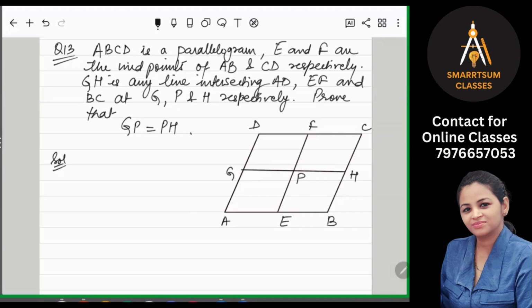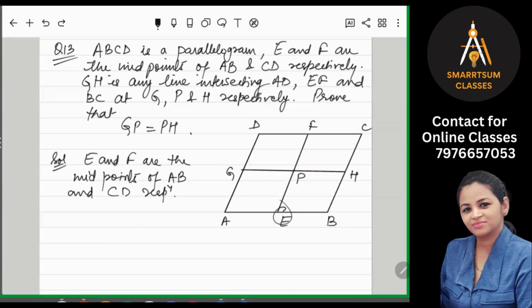As it is already given here that E and F are the midpoints of AB and CD respectively.